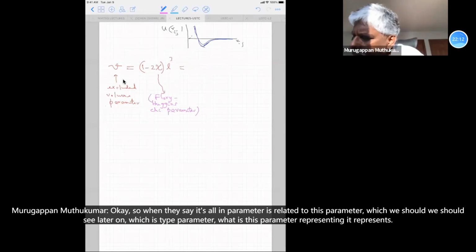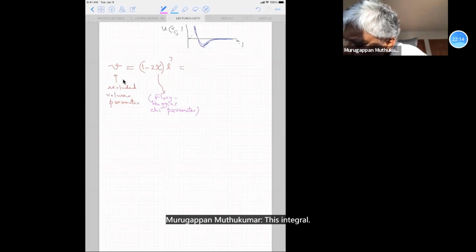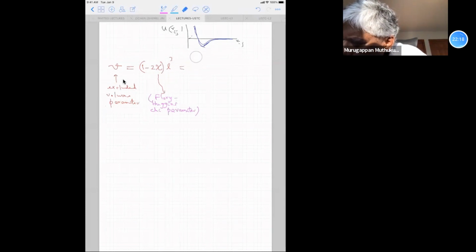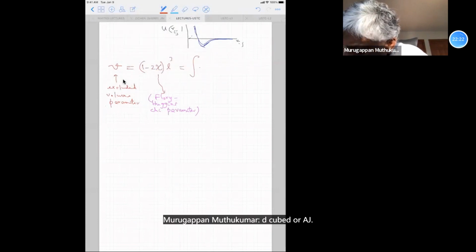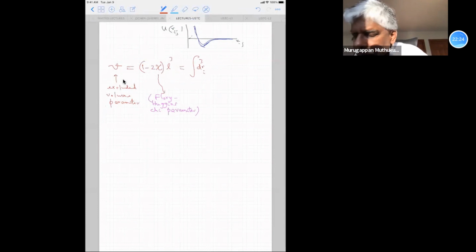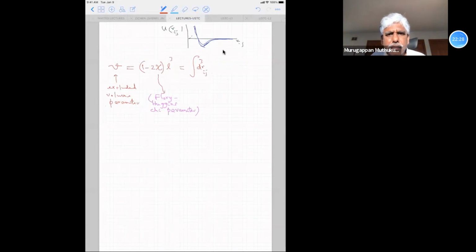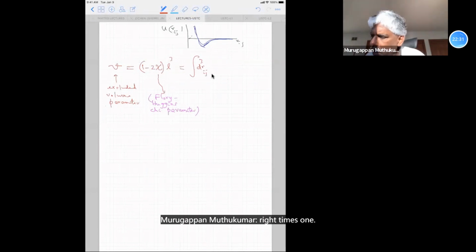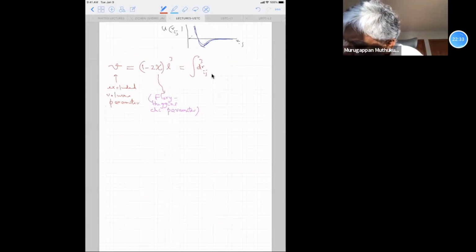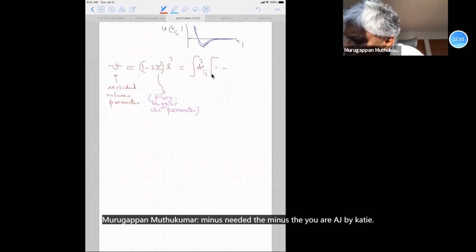It represents this integral, d cubed Rij, the three-dimensional vector of Rij, times 1 minus e to the minus U of Rij by kT, Boltzmann constant times the temperature.